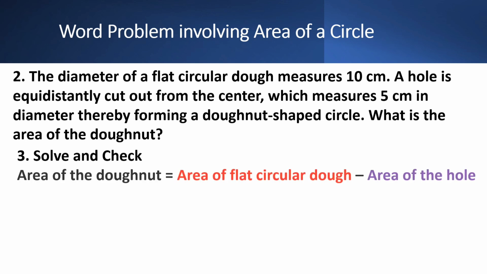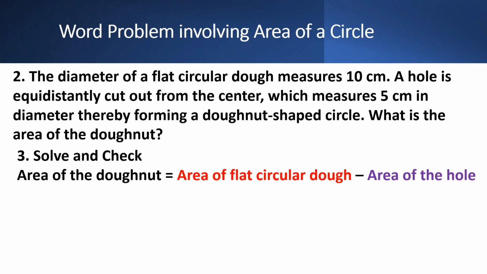So, area of the donut equals area of flat circular dough minus area of the hole. Okay? So, kukunin natin, isolve natin yung area ng circular dough, isolve din natin yung area ng butas, tapos i-minus natin doon sa area ng flat circular dough. Okay? So, dalawang area ang isolve natin at the same time. Pagkatapos, i-minus natin silang dalawa.